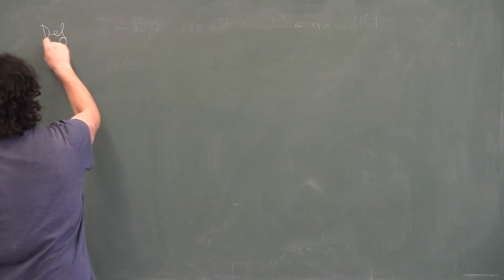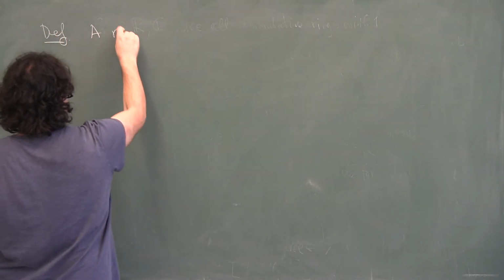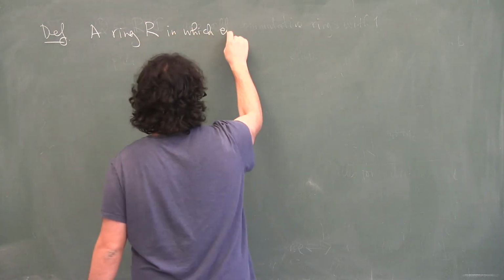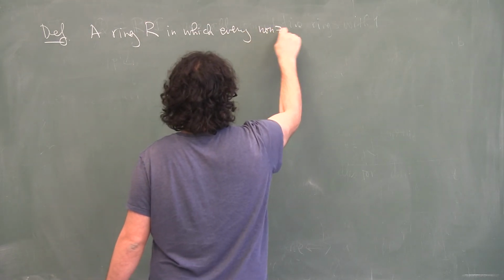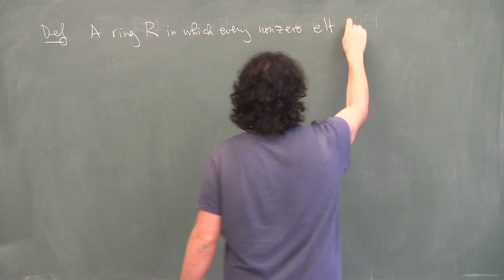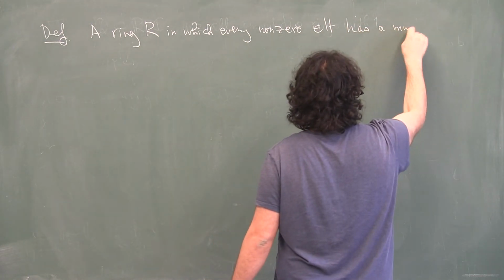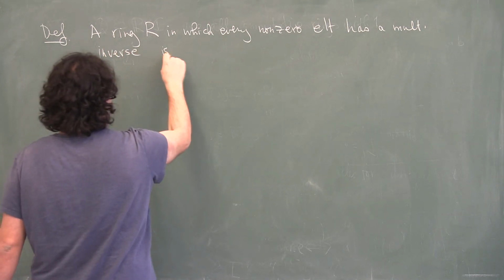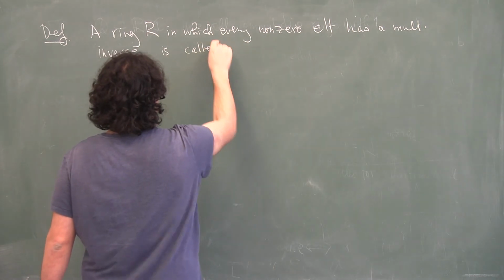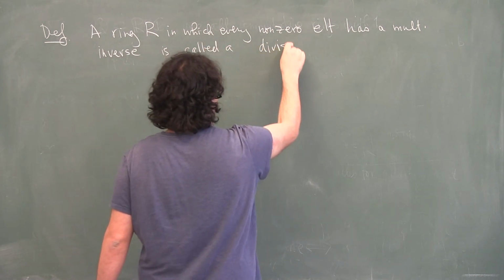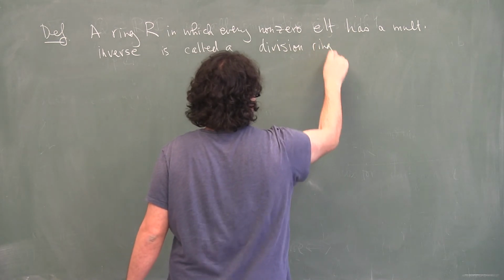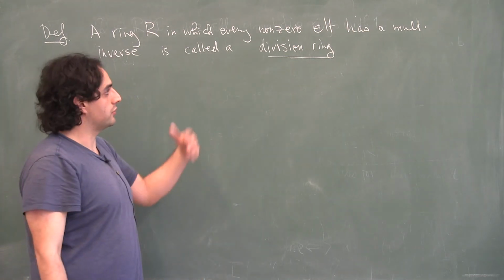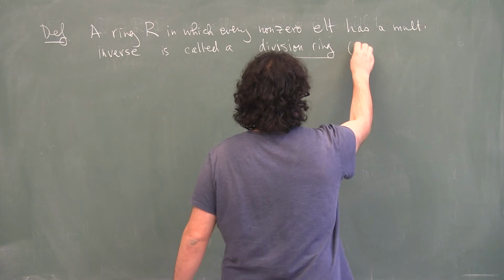Definition: a ring R in which every non-zero element has a multiplicative inverse is called a division ring. Okay? Some older books or French books also use the term skew field.